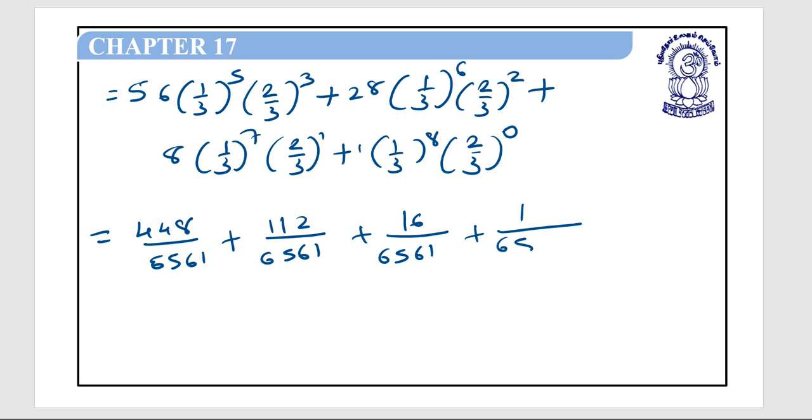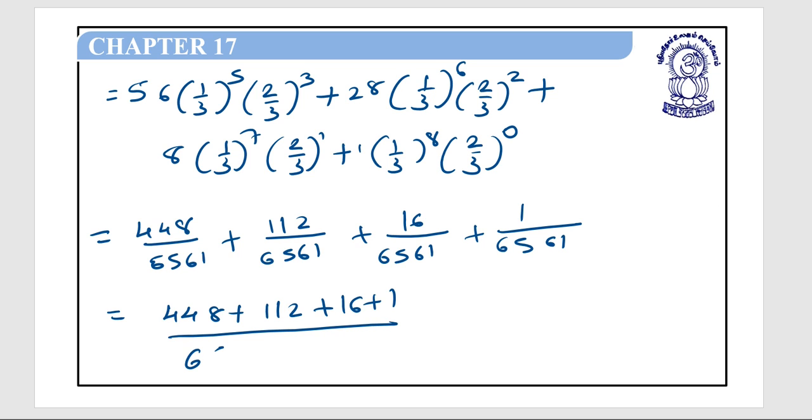plus 1 upon 6561. So 448 plus 112 plus 16 plus 1 is equal to 577 divided by 6561 is equal to 0.08794.